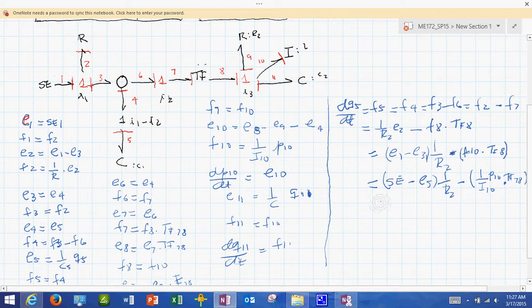I think we are, no, we're not done yet because that E5 still is... minus E sub 5 is, what is it? 1 over C sub 5, Q sub 5, but multiplied by 1 over R2.